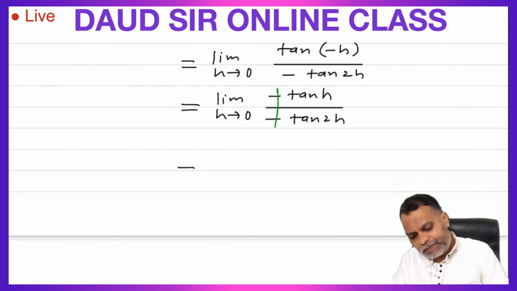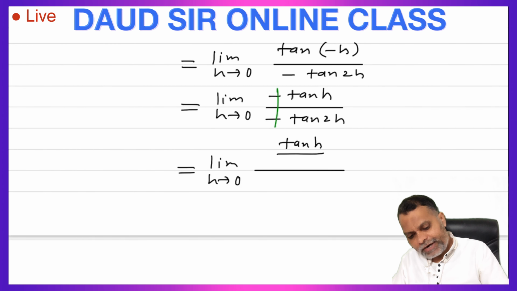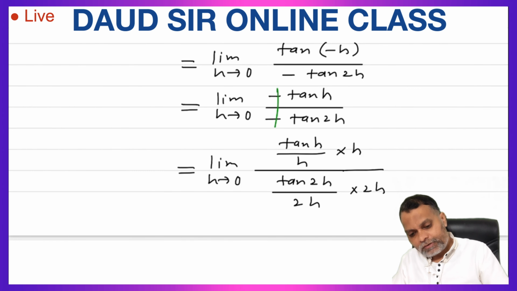For making the limit h tends to 0, tan h divide by h multiply by h, and in the denominator also tan 2h divide by 2h and multiply by 2h. This h and this h cancelled.